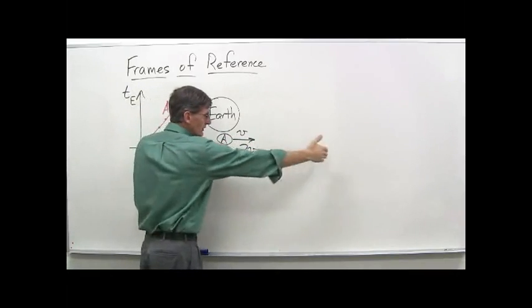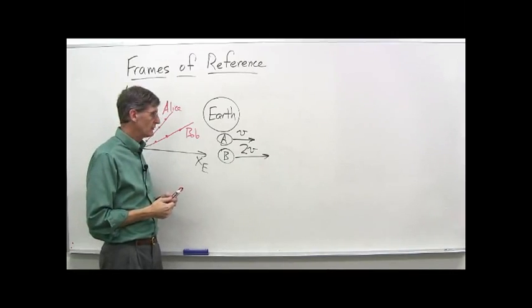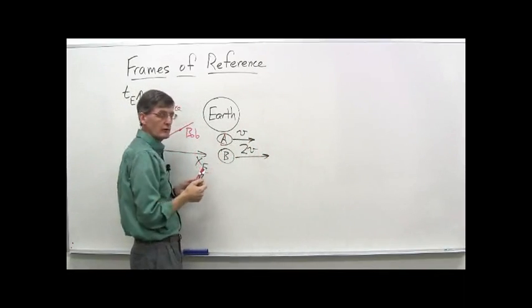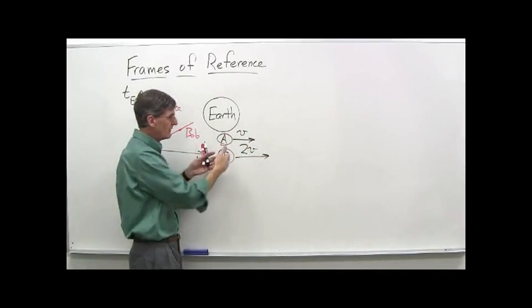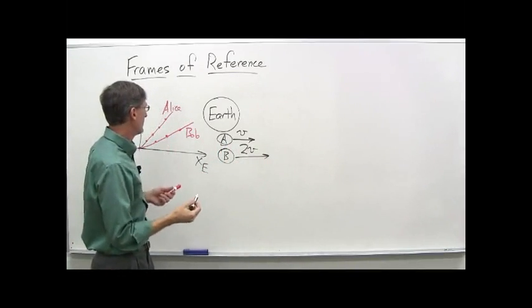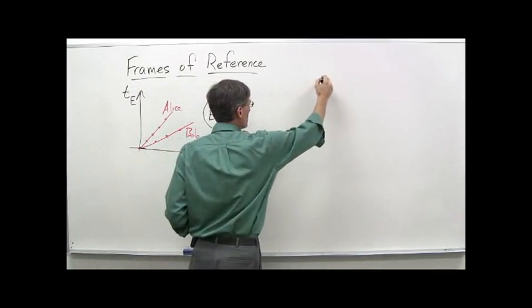That means Bob is going away from Alice at a net velocity of 10 meters per second. Or if Bob was going 30 meters per second, Alice would be going 15 meters per second. So the net velocity difference between them is 15 meters per second. So for Alice, let's do her plot here.